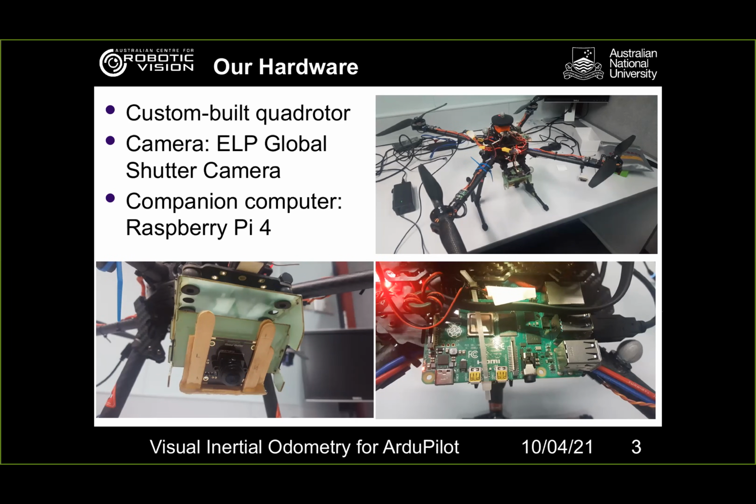Yes, and this is a very important point. I'll talk more about it on slide 9, I think. But in general, you can never put your camera and IMU in exactly the same spot with exactly the same axis alignment. And the calibration of the relative rotation and translation between them is a really important part of making visual inertial odometry algorithms work well.